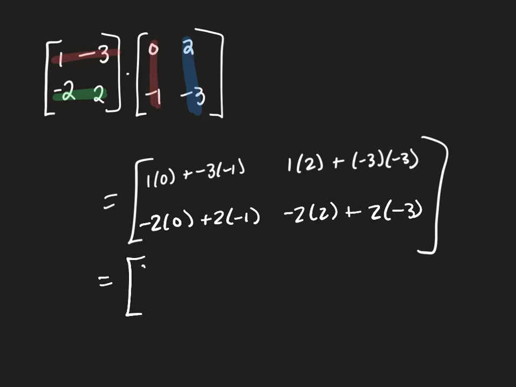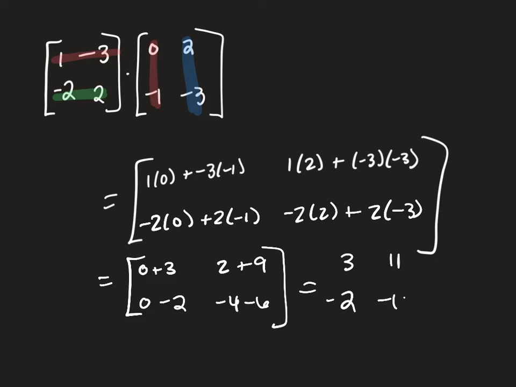So that's going to give us 0 plus 3, and then 2 plus 9, 0 minus 2, and negative 4, and negative 6. So you get 3, 11, negative 2, negative 10. For number 11. Okay, and then number 15.